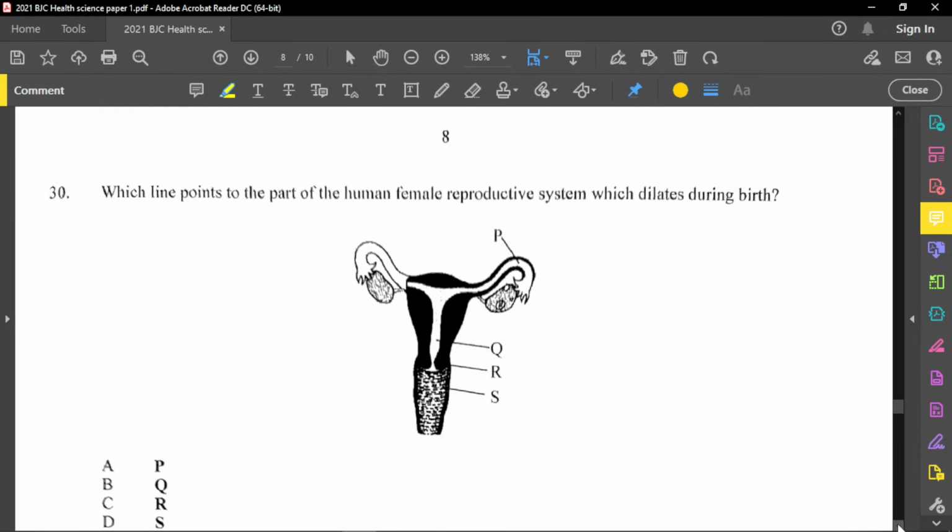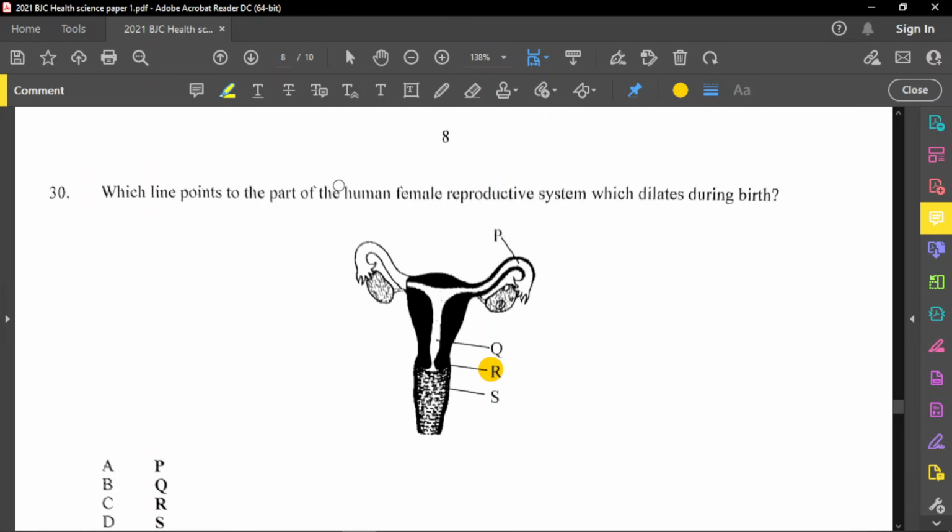In question number 30, it said, which line points to the part of the human female reproductive system which dilates during birth? When a person is going to give birth, what they check for is the width of the cervix. The cervix will dilate to give birth.